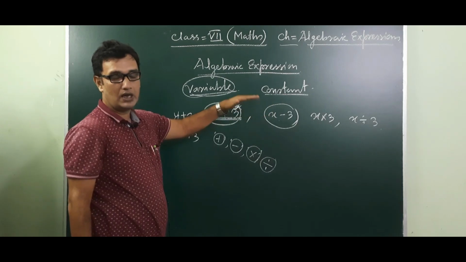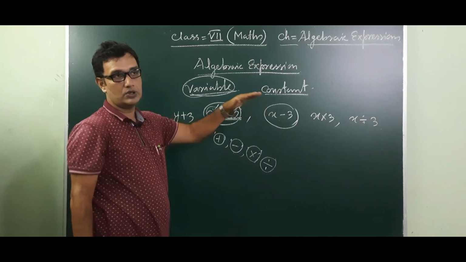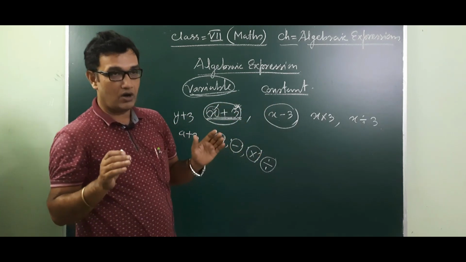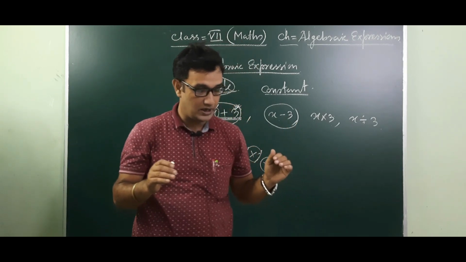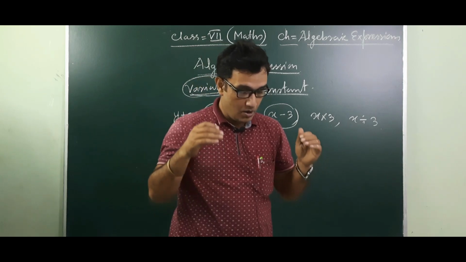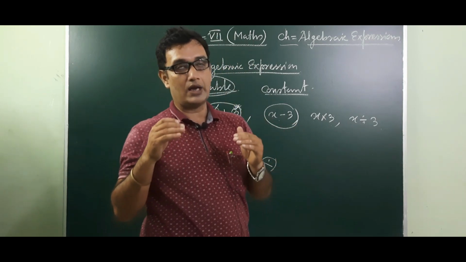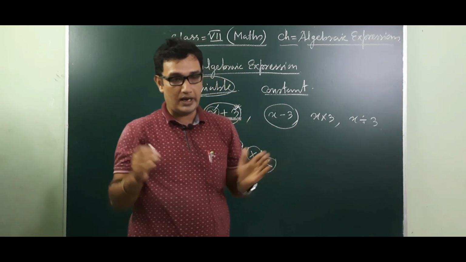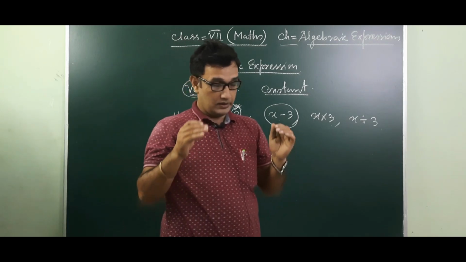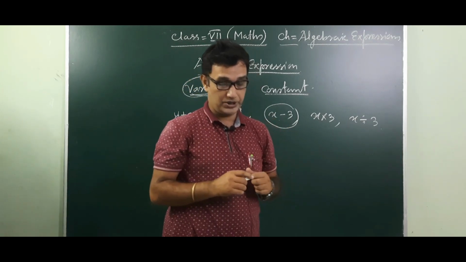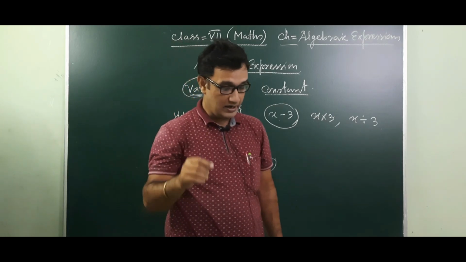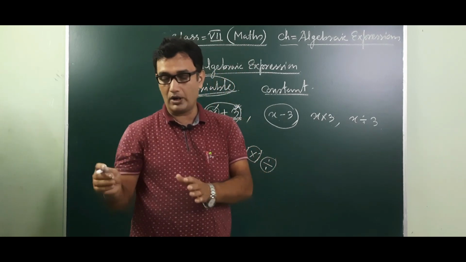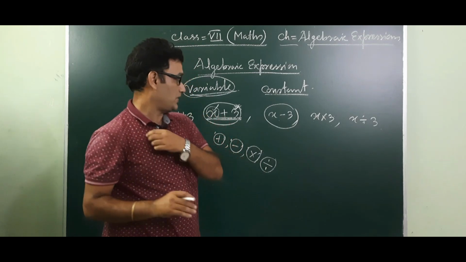What type of expression? Algebraic expression. So the definition of an algebraic expression is: an expression where variable and constant terms are connected by the four fundamental operations, that is plus, minus, multiply and divide.